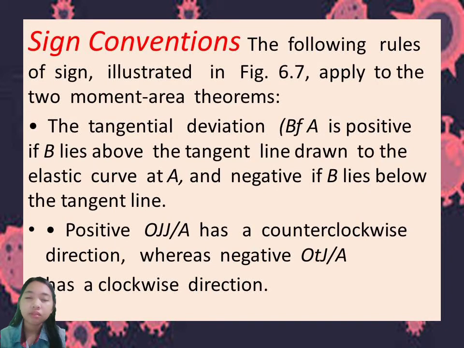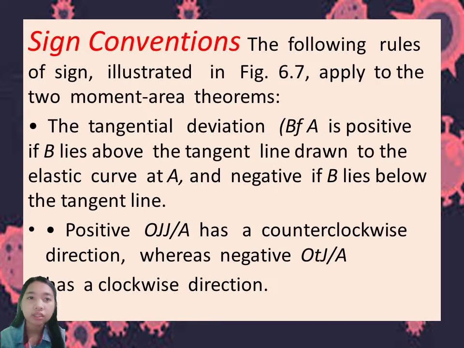The moment area method of finding the deflection of a beam demands accurate computation of the area of a moment diagram, as well as the moment of such area about any axis. So we can apply the two moment area theorems by the following rules.